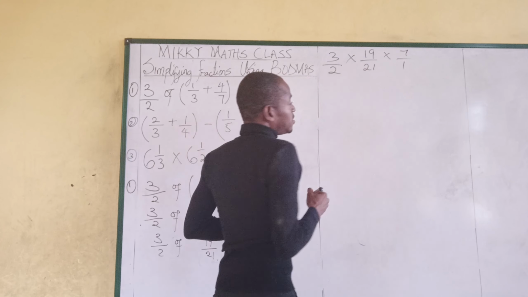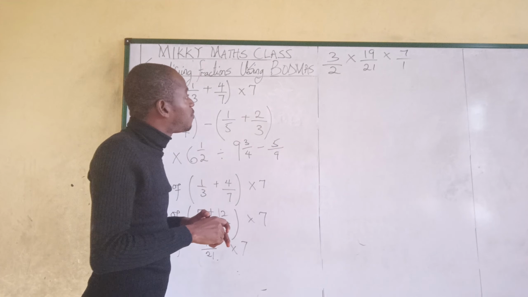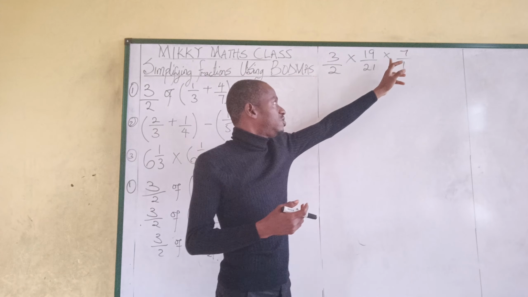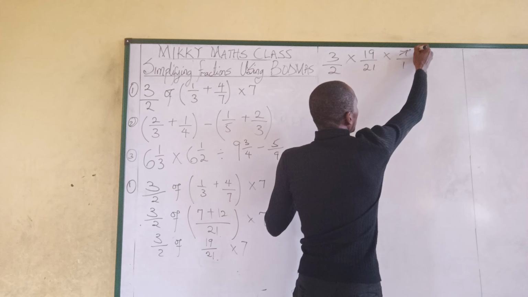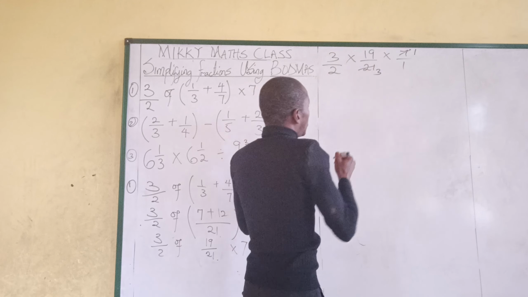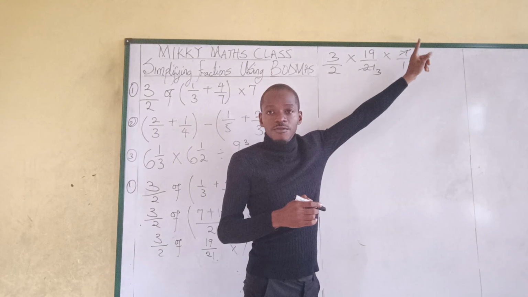And this 7 can be written as 7 over 1. Now from here, you use what is up to divide what is down to cut. Now this is 7. 7 here, 1. 7 in 21, it goes there 3 times.